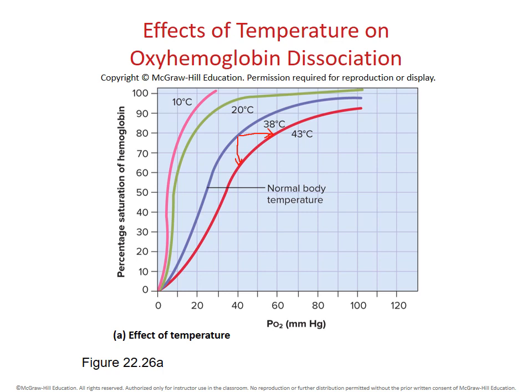I personally prefer to think of it as a downshift in the curve, and the reason I prefer to think of it as a downshift is because the decrease helps me remember something. What it helps me remember is that what's happening here is that the affinity of hemoglobin for oxygen is being decreased.